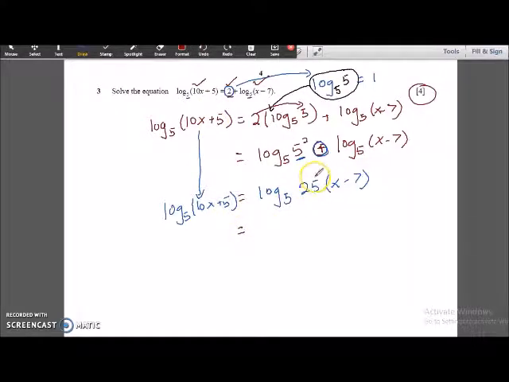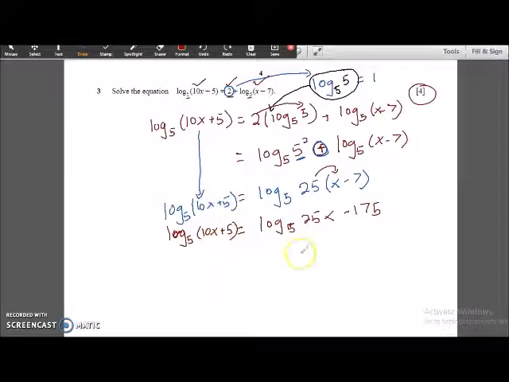Okay, we solve this. You got here log 5, 25x minus 175. Okay, this is log 5, 10x plus 5.